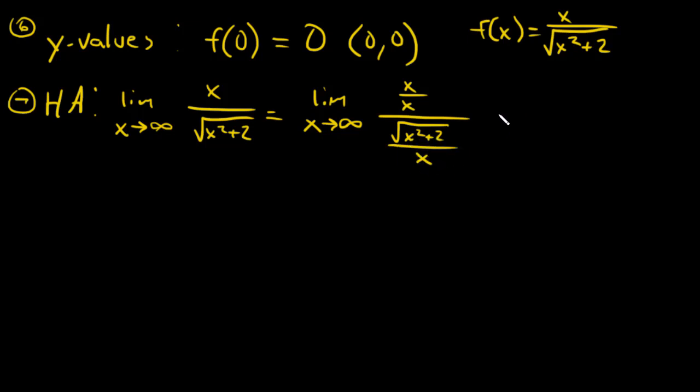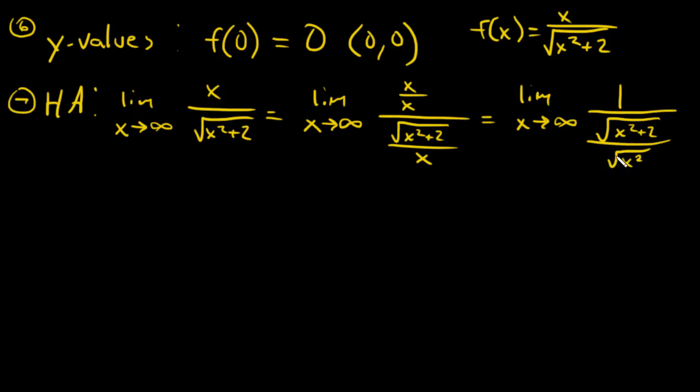Now I can do that substitution. So this is the limit as x approaches infinity of 1 over root x squared plus 2 divided by positive root x squared, since I'm heading to positive infinity, it's going to be positive root x squared.